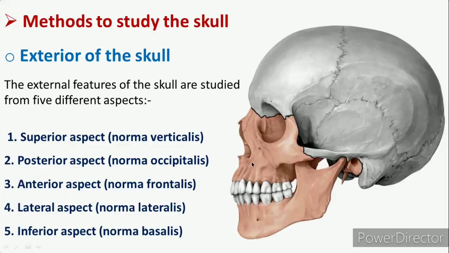The anterior aspect is called the norma frontalis. The lateral aspect is called the norma lateralis. The inferior aspect, the basal view, is called norma basalis. So this is the method to study the exterior of the skull.